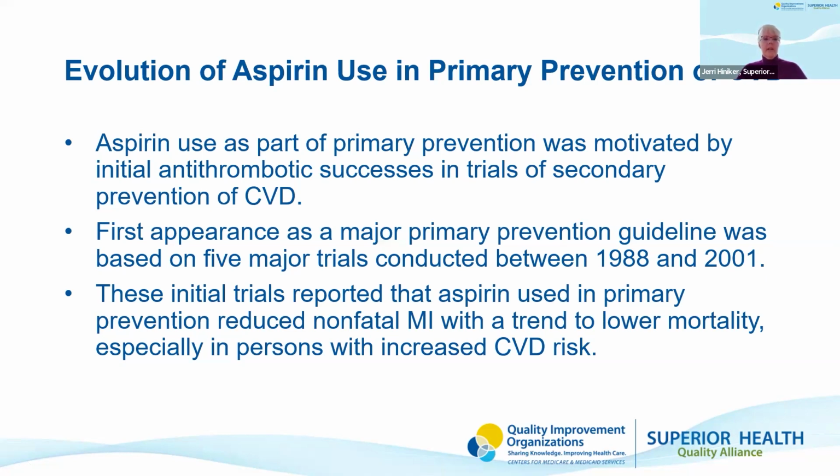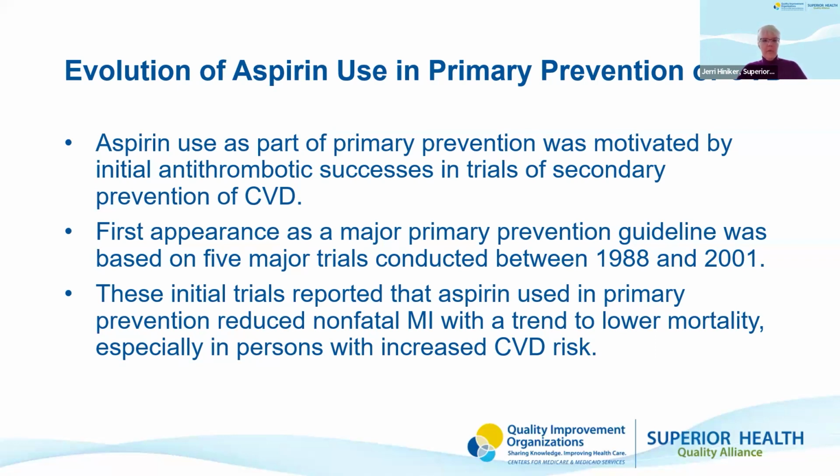Really, aspirin as part of primary prevention was initially motivated by antithrombotic successes in trials. Some of those major trials were first conducted from 1988 to 2001, and in these trials we saw a reduction in heart attack and stroke.